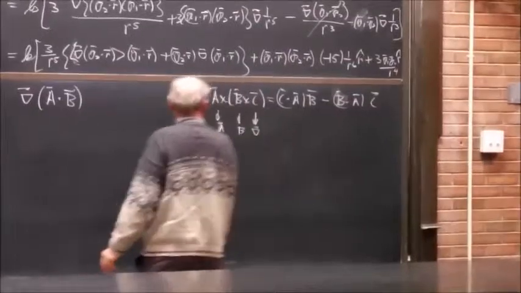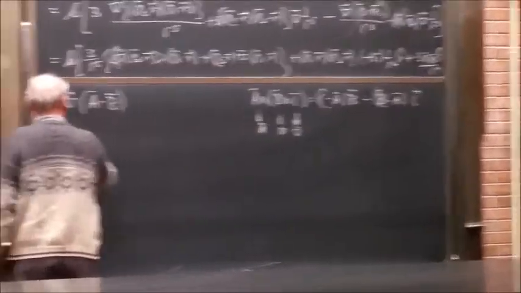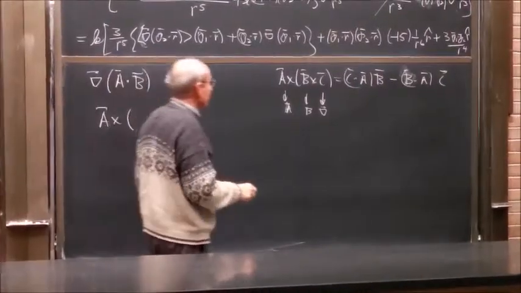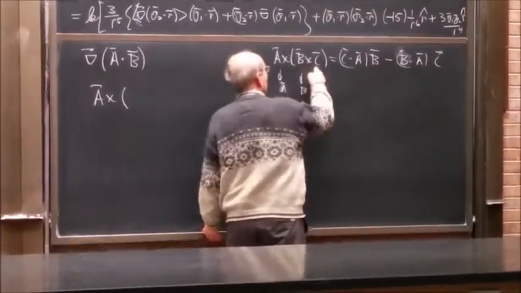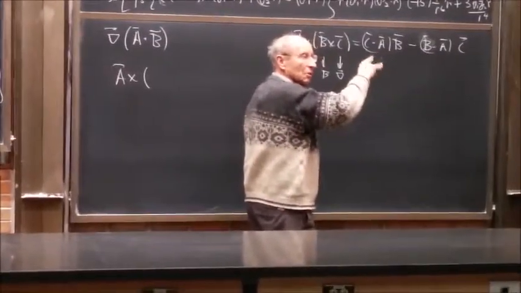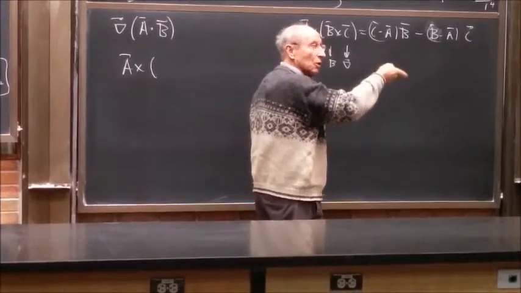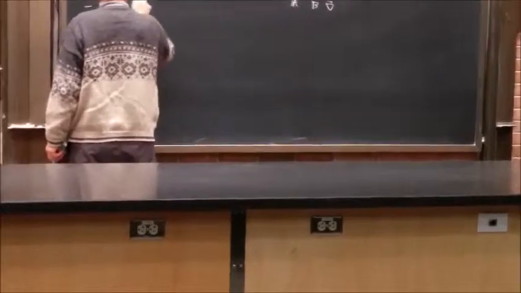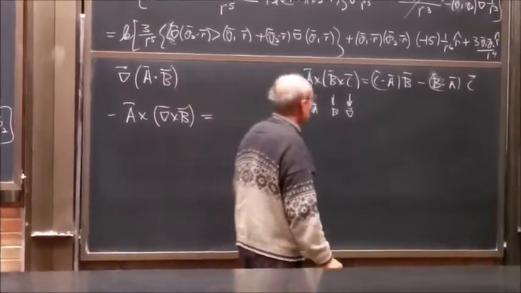So we're going to write this term as A cross, now, to get this on the right, we have to put in a minus sign, because the cross product, when you change the order, you get a minus sign. So that gives you a minus del cross B. Okay?